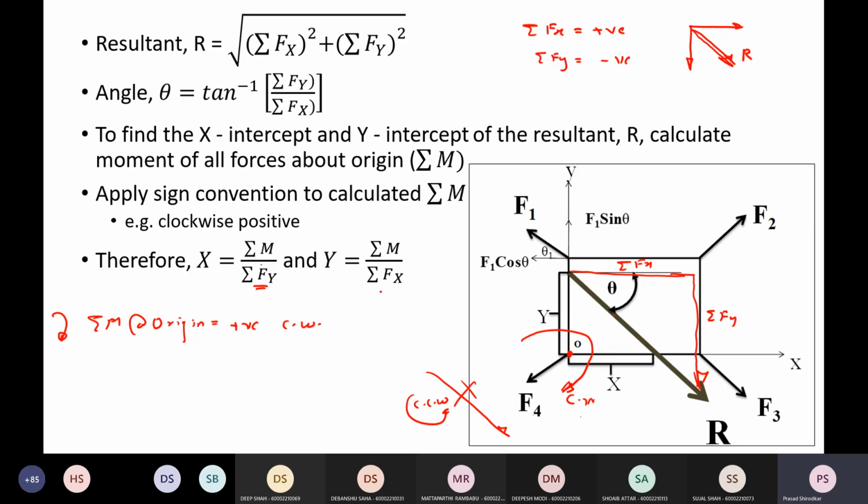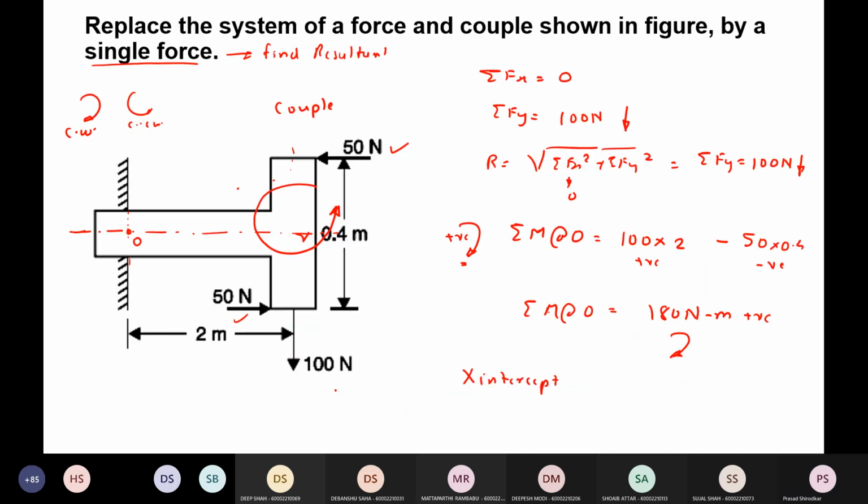Y-intercept is given as summation M divided by Fx. So here in this case, the force is vertical, so the y-intercept will be at infinity because this force is acting in vertical direction. So x-intercept, sir, is 1.8.